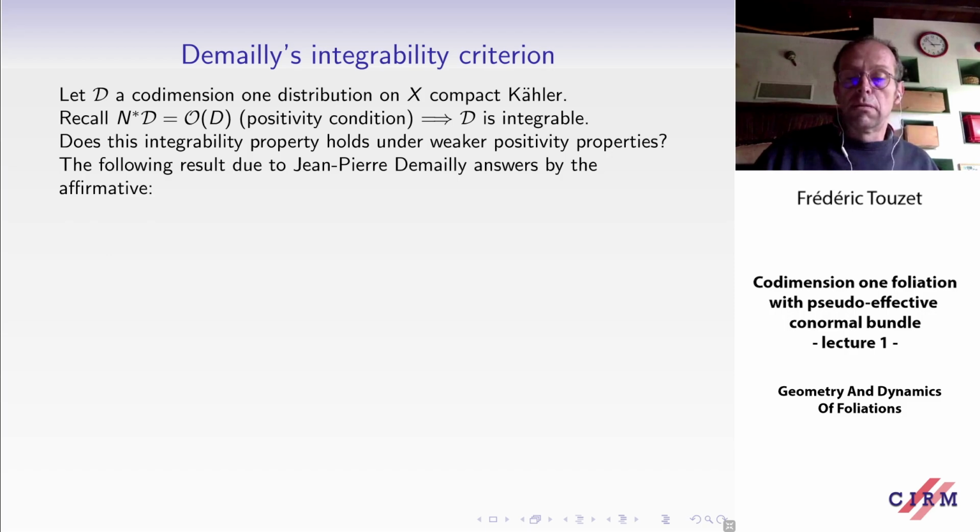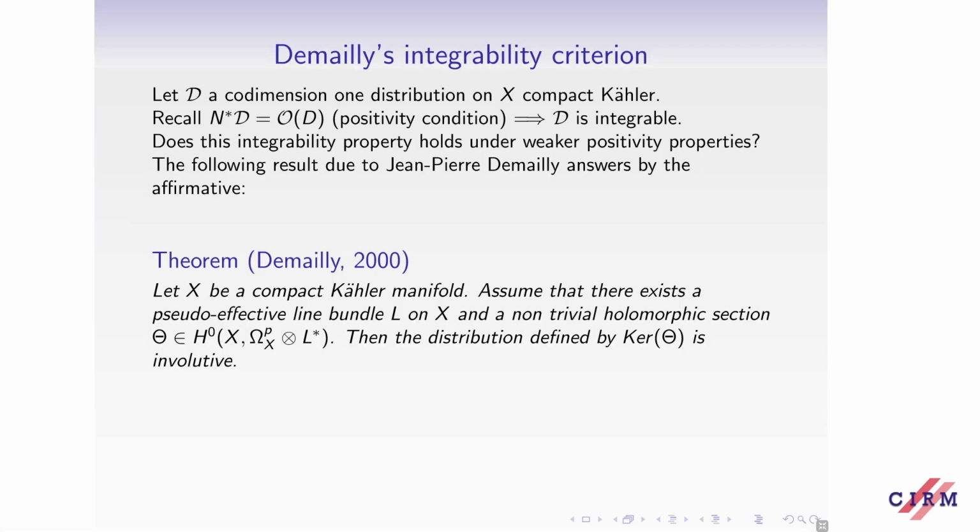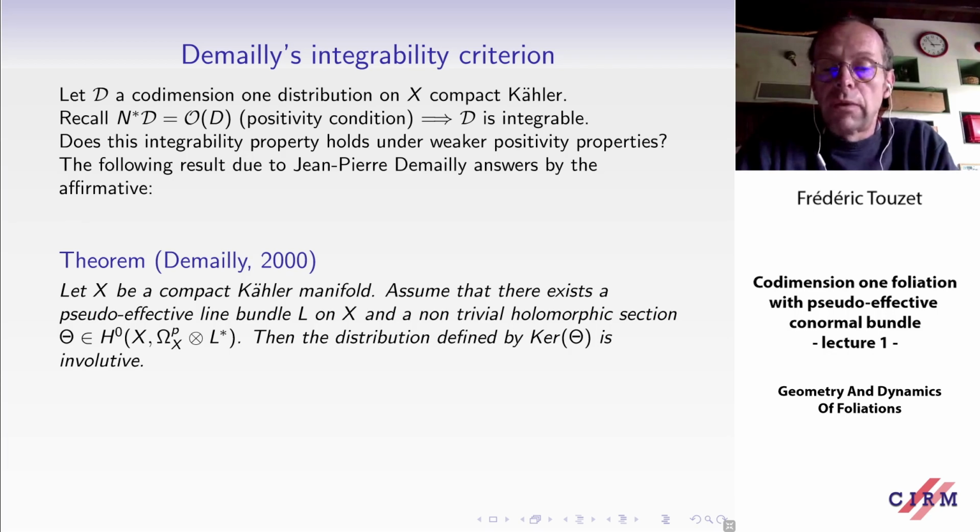by Demailly. So this is the following theorem of Demailly, which stipulates the following: that X is still a compact Kähler manifold. And suppose we have a holomorphic p-form theta, twisted by a line bundle L star, whose dual L is pseudo-effective.